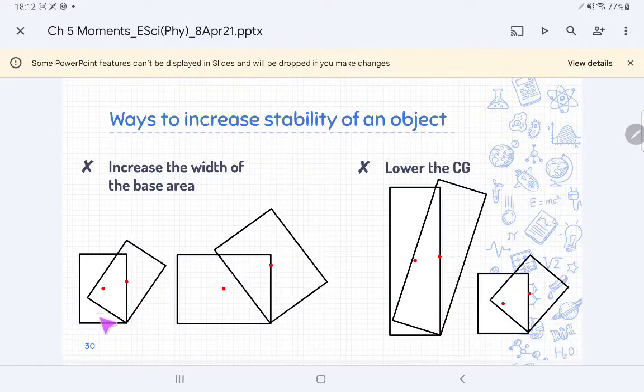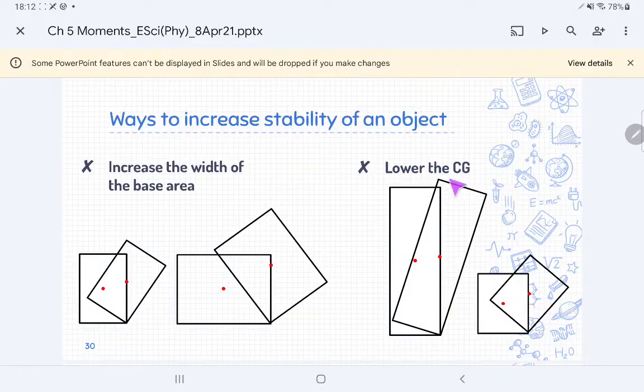Now when I increase the width of the base area, the object has to be tilted at a much higher angle for the center of gravity to pass the pivoting point. So that's how increasing the width of the base area increases stability. It makes it harder for the center of gravity to result in a moment about the pivot that will cause it to topple over.